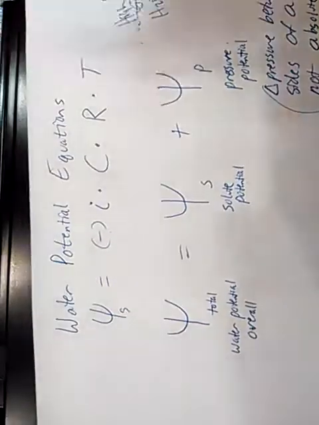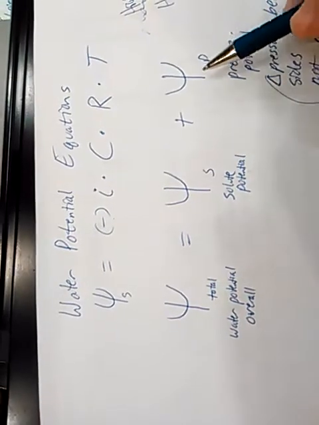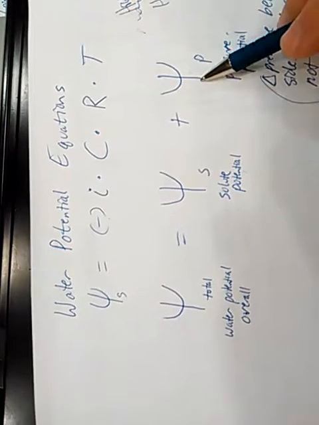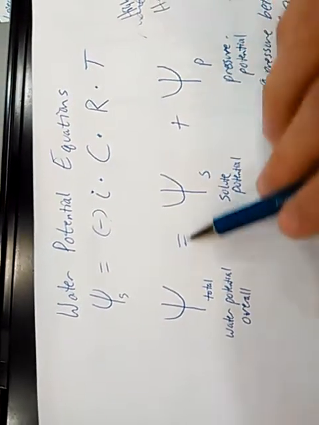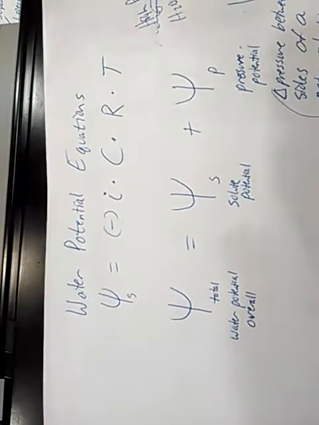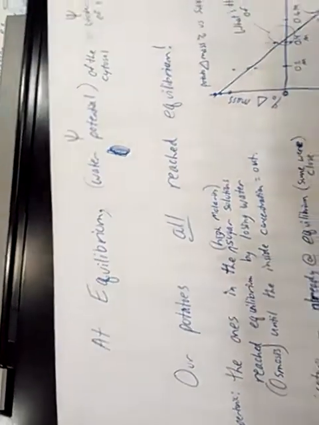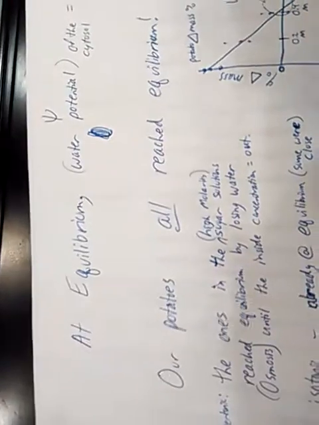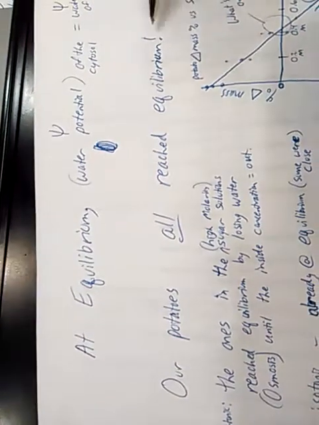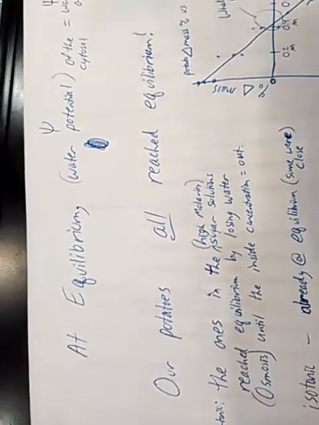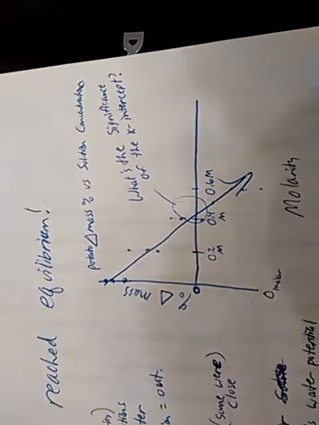It's dependent on both the solute potential and the pressure potential. So if you've got pressure playing a role, it can allow you to be at equilibrium without being at the exact same concentration. And I want to come out and say it, our potatoes reached equilibrium. We give them 24 hours after all in the one that we did this year.